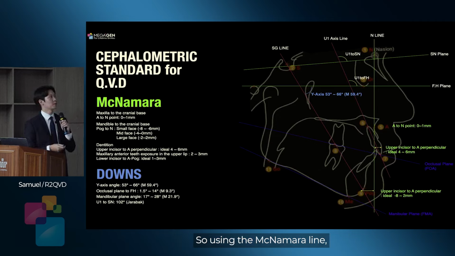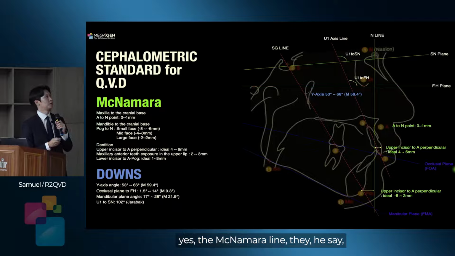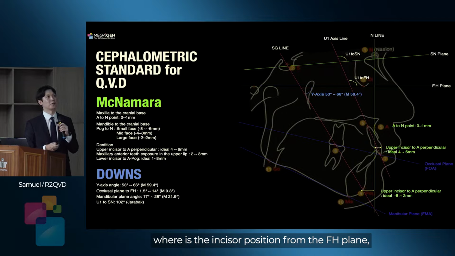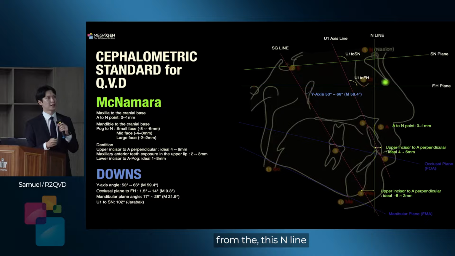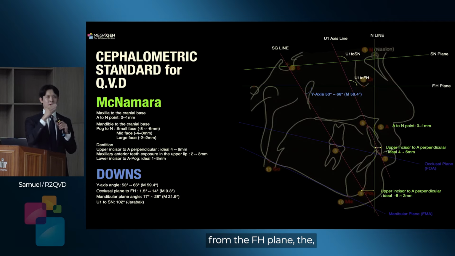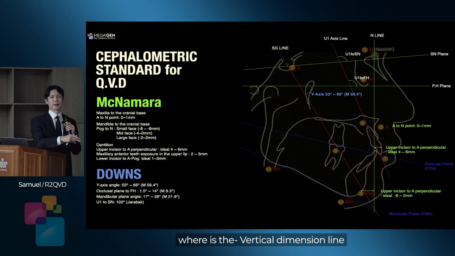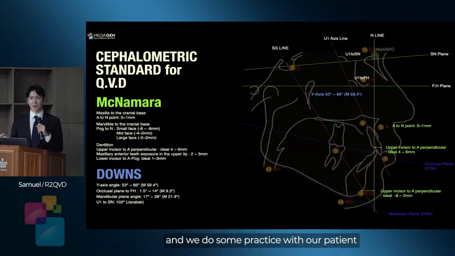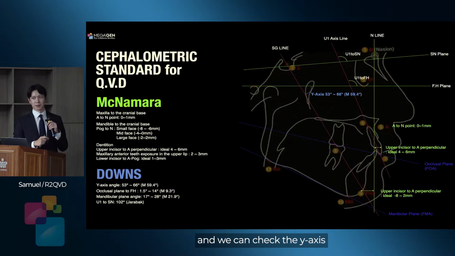Using the McNamara line, this analysis tells the incisor position from the FH plane, from this N line. And with Downs analysis also, from the FH plane, where is the vertical dimension line and the occlusion plane line. So we just mixed these two, practiced with our patients, and we can check the y-axis.